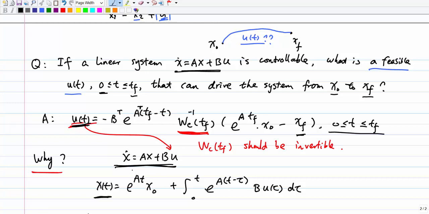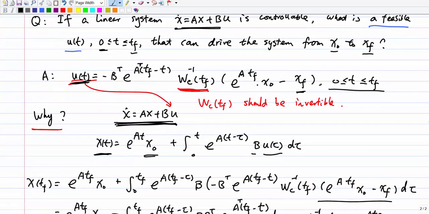Recall the solution for the linear time invariant system: x(t) equals e to the At times x0, the initial state, plus the integral from 0 to t of e to the A(t minus tau) B u(tau) d tau. We already talked about this before. So we just have to calculate x(tf), which means I have to replace every t here by tf.